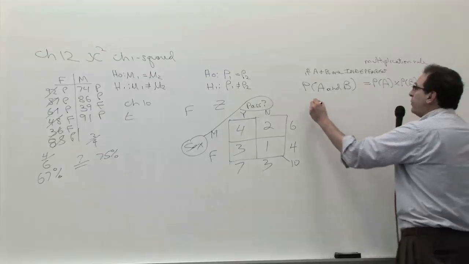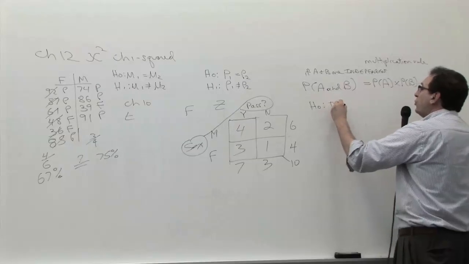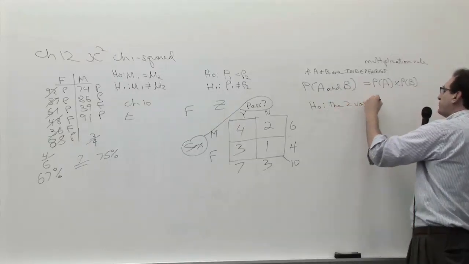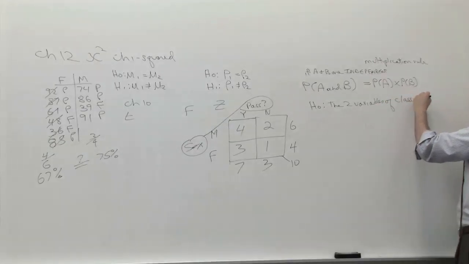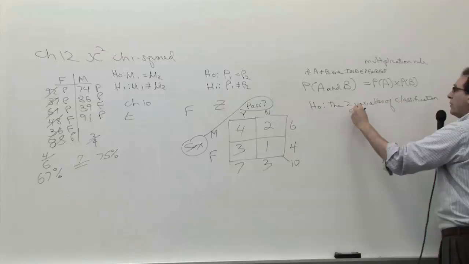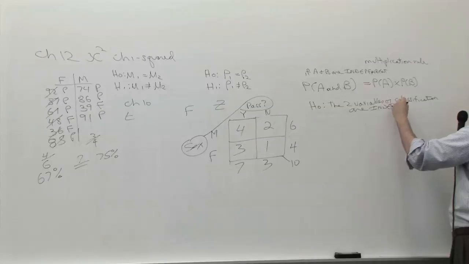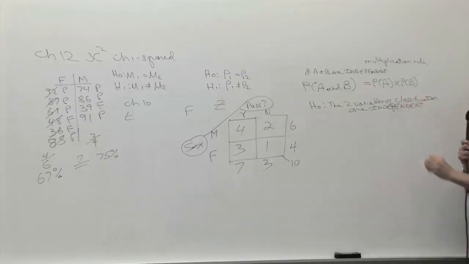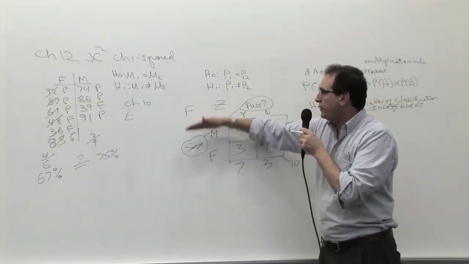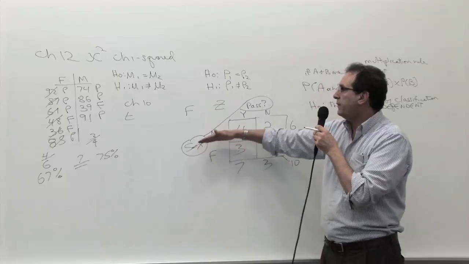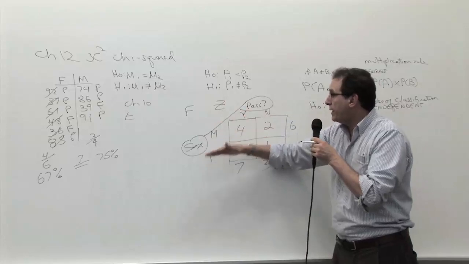That can be answered by putting down the null hypothesis, which really applies to all the examples of the chapter: that the two variables of classification are independent. Independent, meaning that this is one variable of classification, because along the rows of the table we're trying to classify, in this case just 2 possibilities, male or female, but we could classify somebody according to race, black, white, Asian, for example.